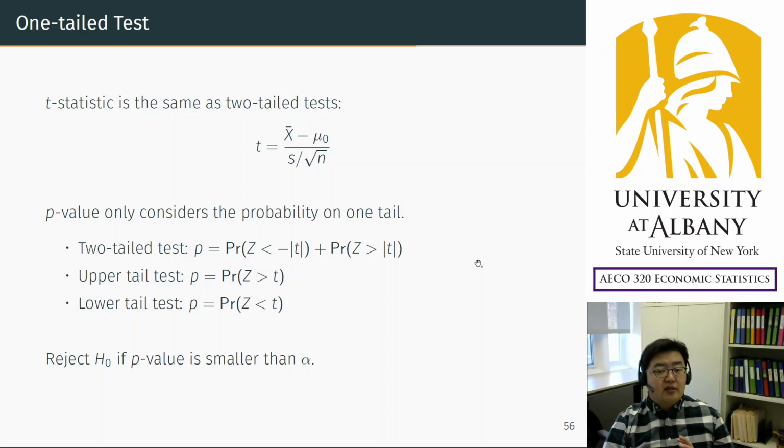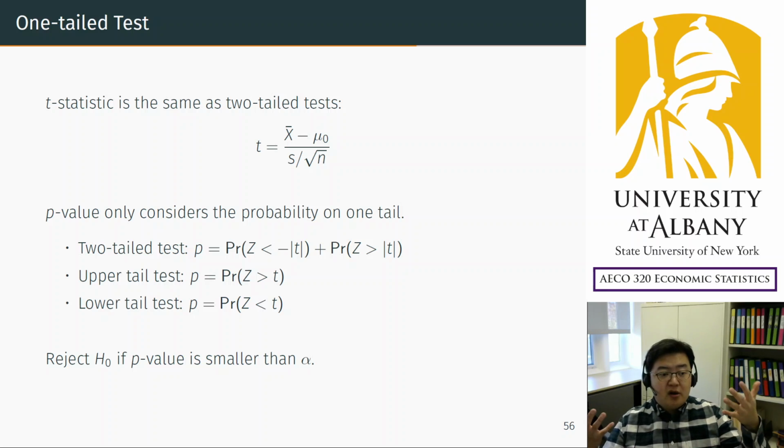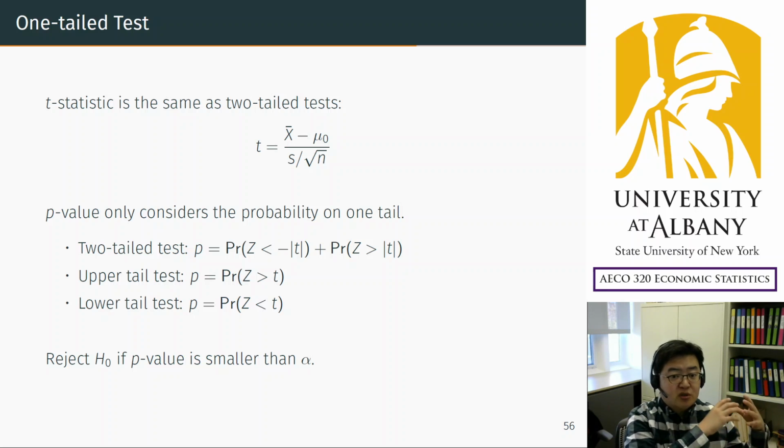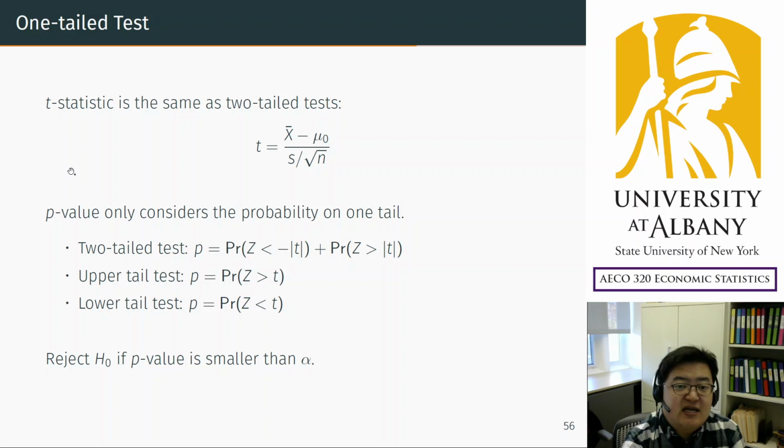So then, let me compare three approaches. Remember, there were three approaches: t-statistic approach, p-value approach, critical value approach. In those three approaches, we will compare upper one-tail test, lower one-tail test, and two-tail tests. In calculating the t-statistic, there is no difference.